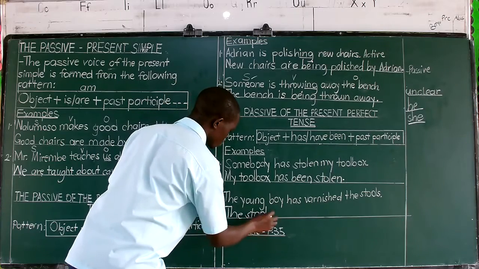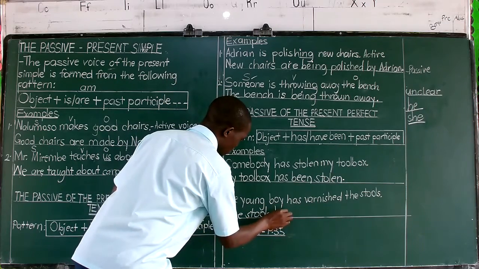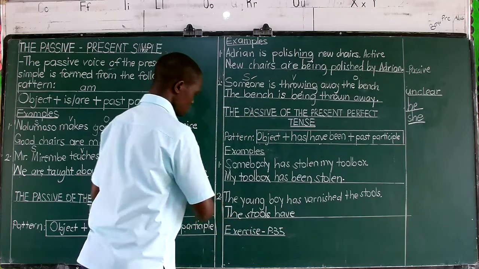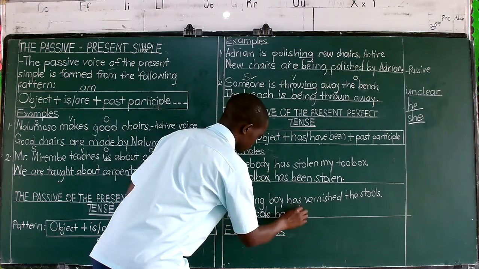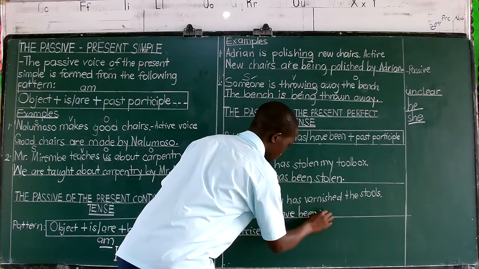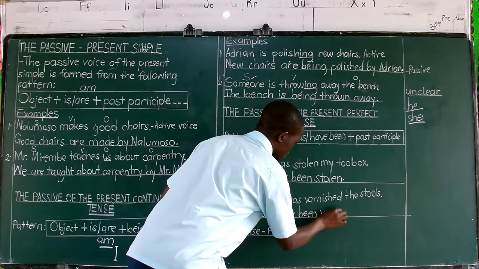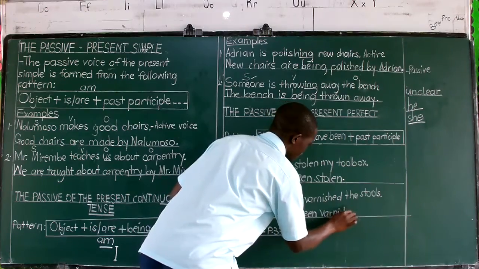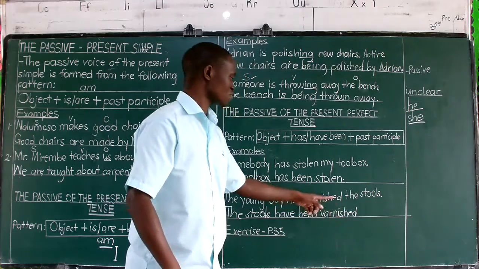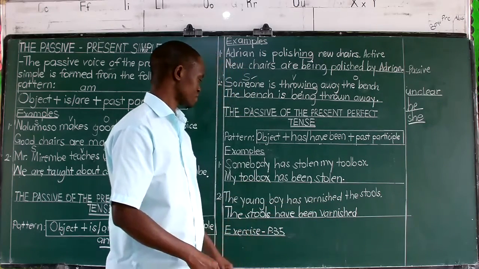There are very many stools, so use have, the plural helping verb. The stools have been vanished. I told you the beauty of the present perfect is the past participle verb you need here is already used in the active voice.